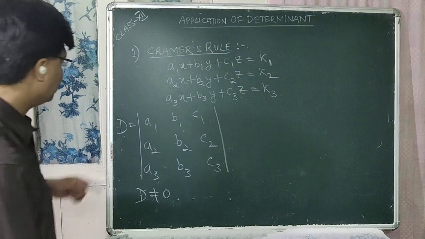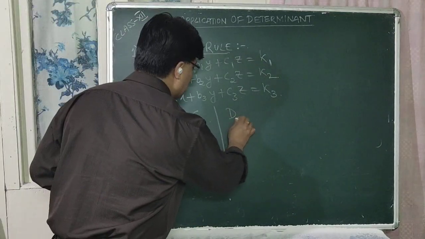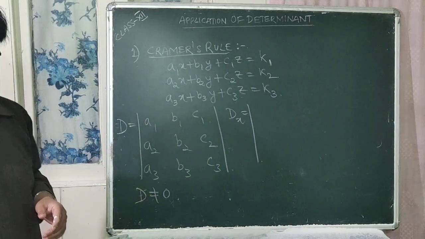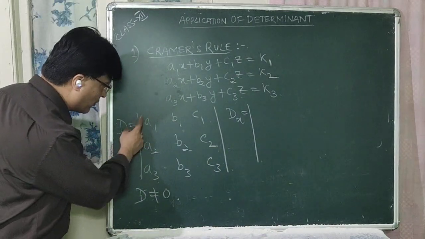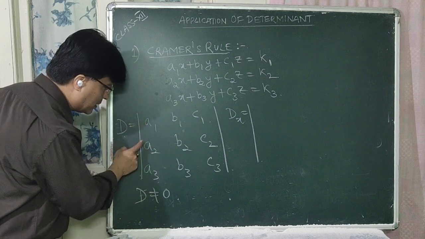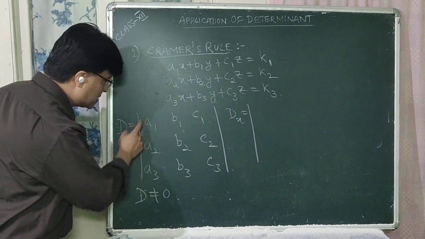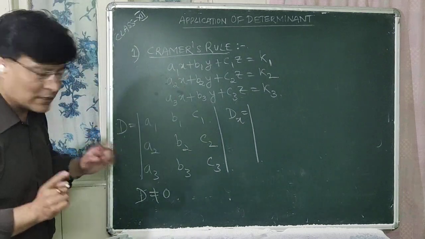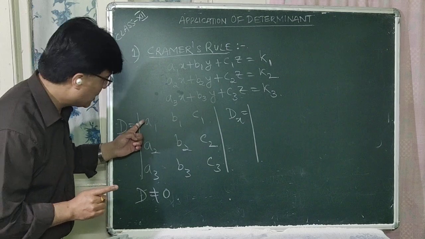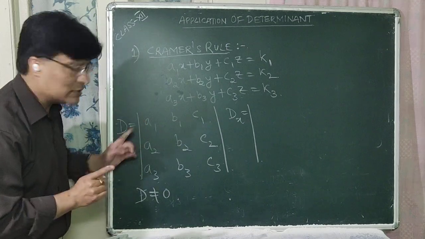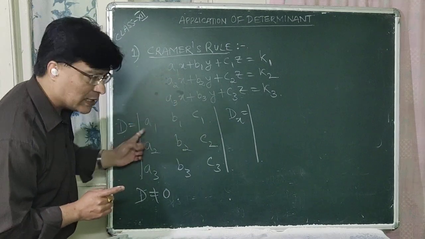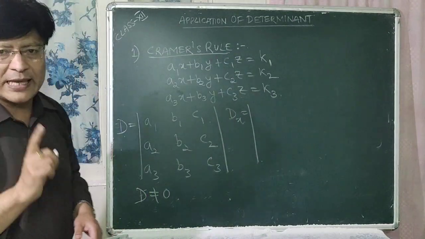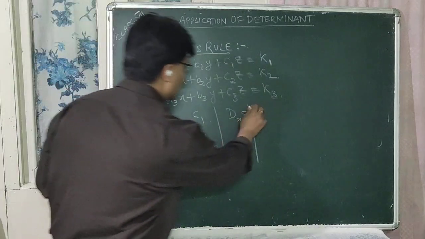Is that clear? Now let us find out dx. This is also a third order determinant. You know that this is the first column, a1, a2, a3. These are the coefficients of x from all these three equations, isn't it? Now this column a1, a2, a3, the coefficients of x, is replaced by what? The constants, that is k1, k2, k3.